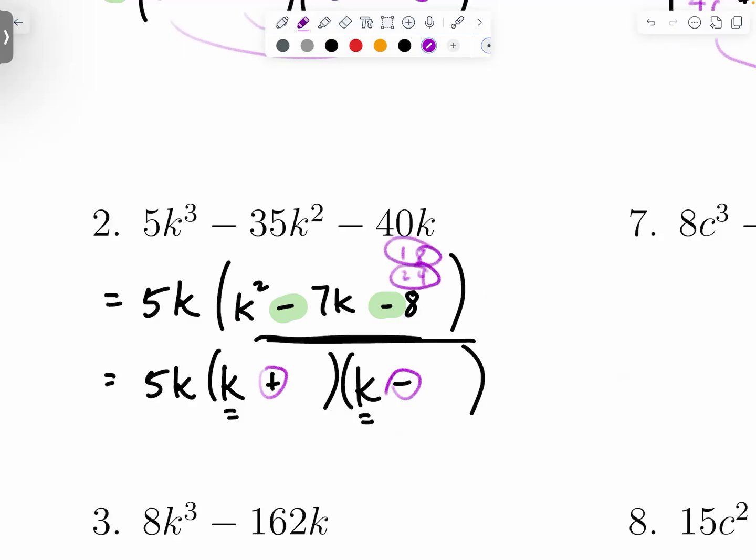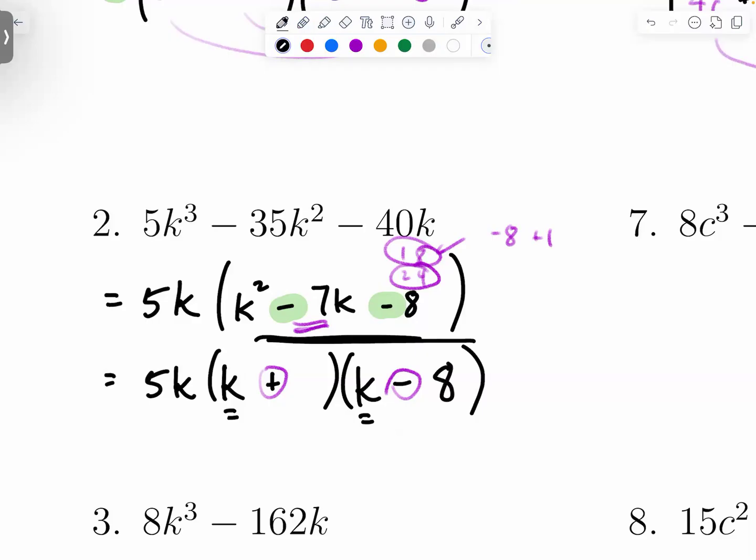Do they interact through some sort of subtraction to give you negative 7? For each pair of these numbers, could they get negative 7? And we're like, oh yeah, here, negative 8 plus 1. That's negative 7. And that's how we know.